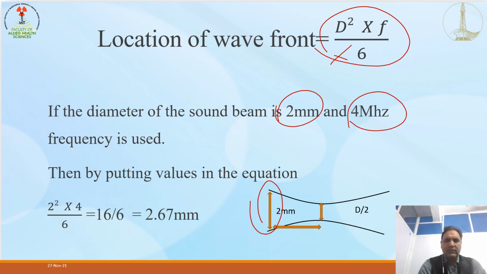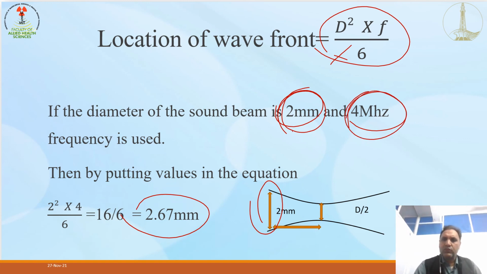By dividing 16 by 6, we'll get 2.67. So the wavefront or the sound wave will converge at a distance of 2.67 millimeters if the diameter of the beam at the face of the source is 2 mm and the frequency used is 4 megahertz.